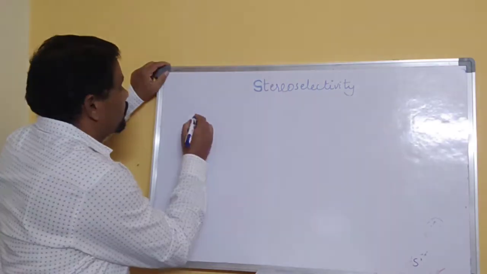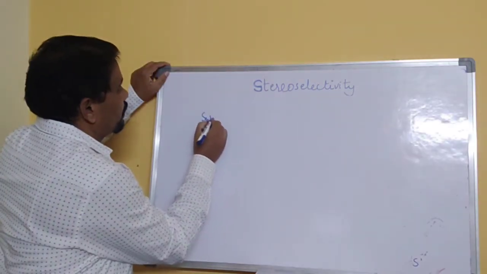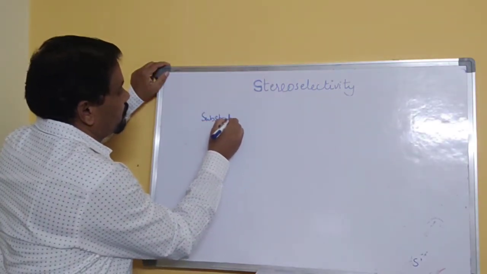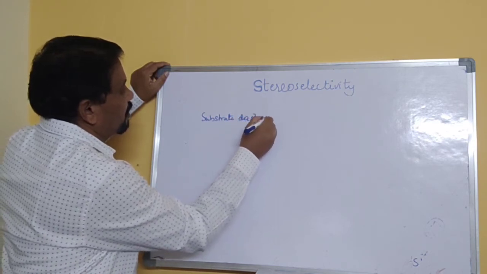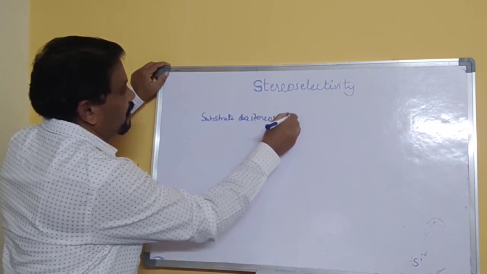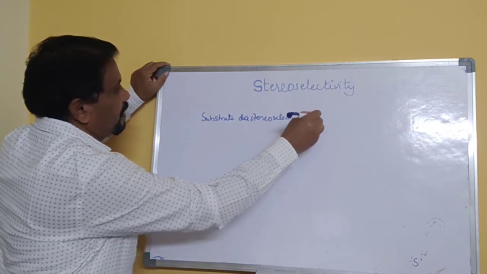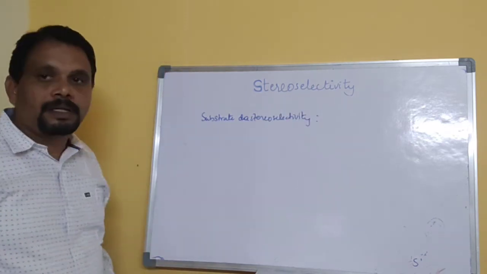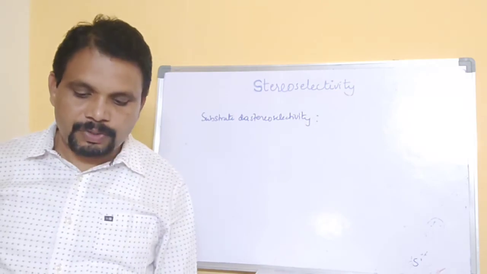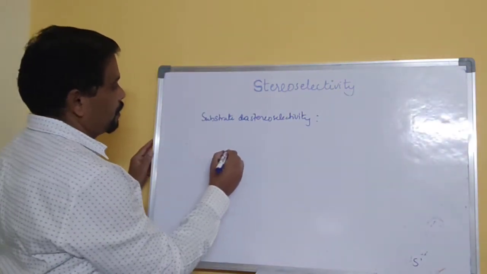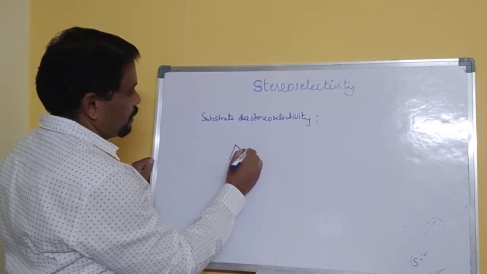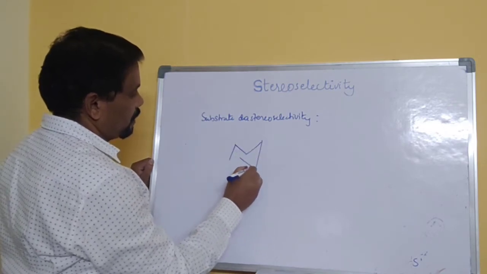Okay, the next one is substrate diastereoselectivity. That means you have two diastereomers in a substrate.